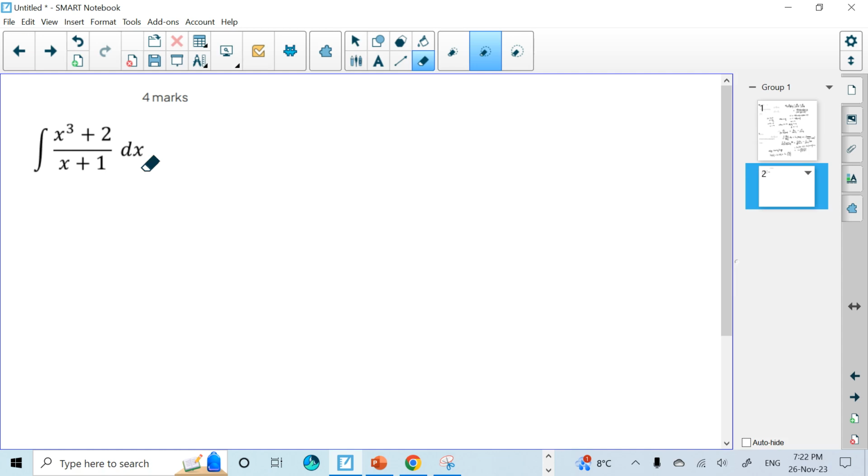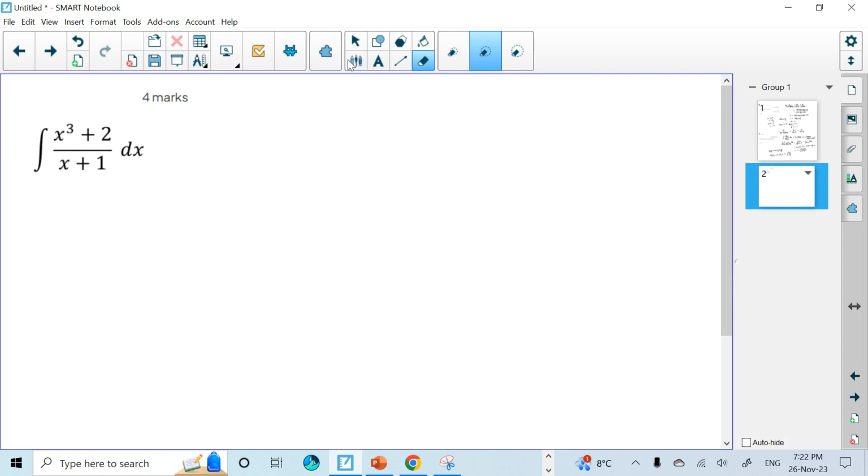Some of you say, well, I've forgotten that, but don't panic. You can do it quite easily just by focusing on the title, which says x cubed plus 2 divided by x plus 1. So let's do that.